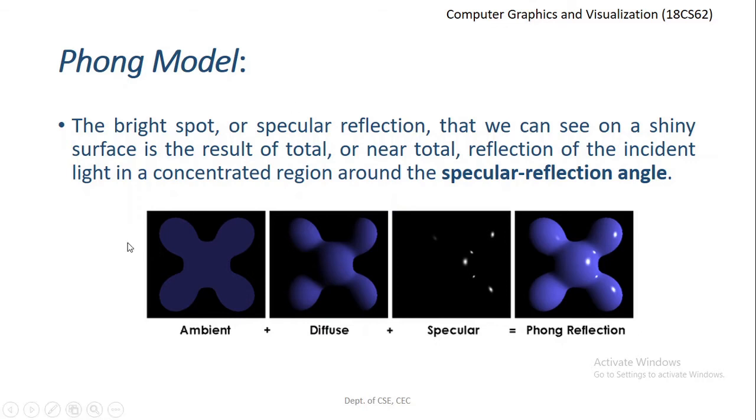You can see the surface which is facing towards the light direction appears brighter, and the parts of the surface which are not in the direction of the light source appear to be of a darker shade. This variation in shade gives us a very realistic rendering of a 3D object illumination.